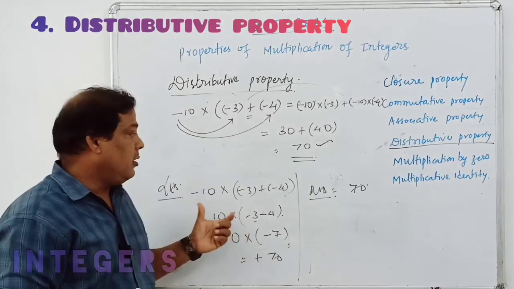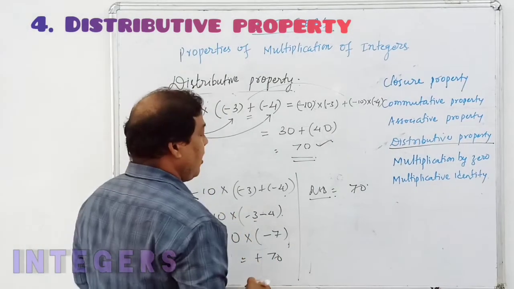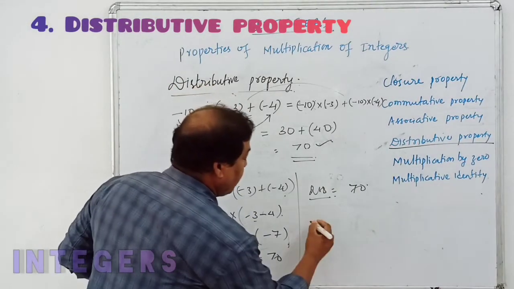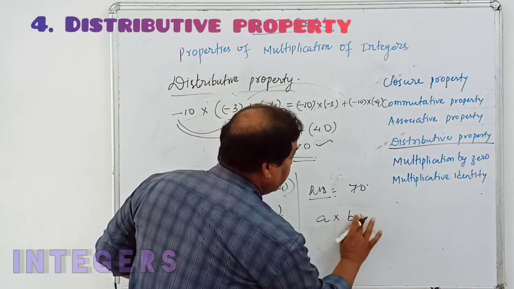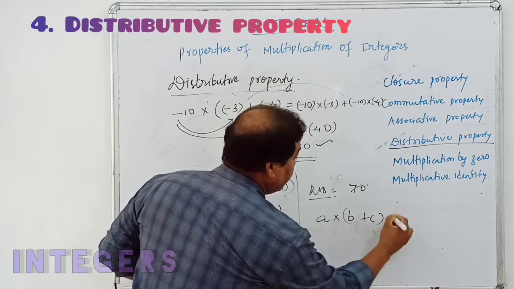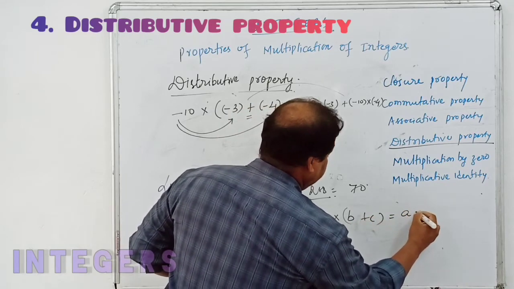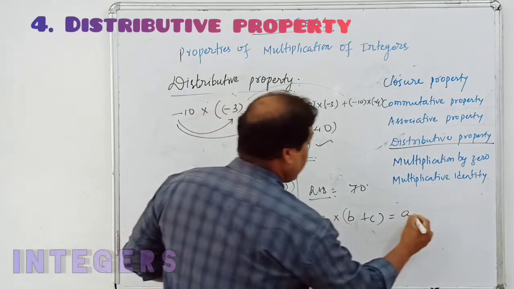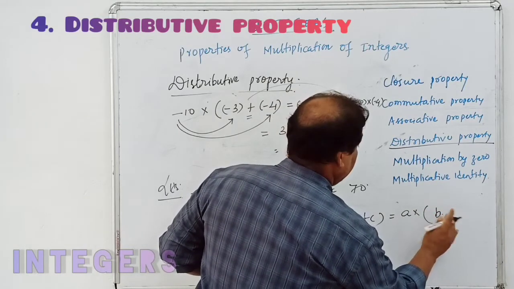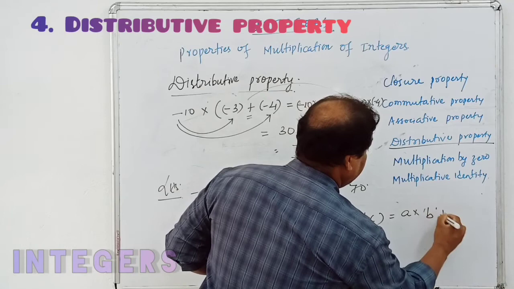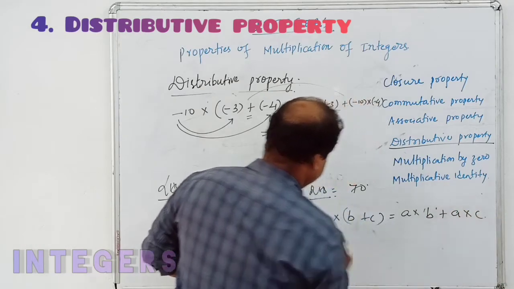Now in general we can say that if a, b, c are integers, then we can write a into b plus c is equal to a into b plus a into c.